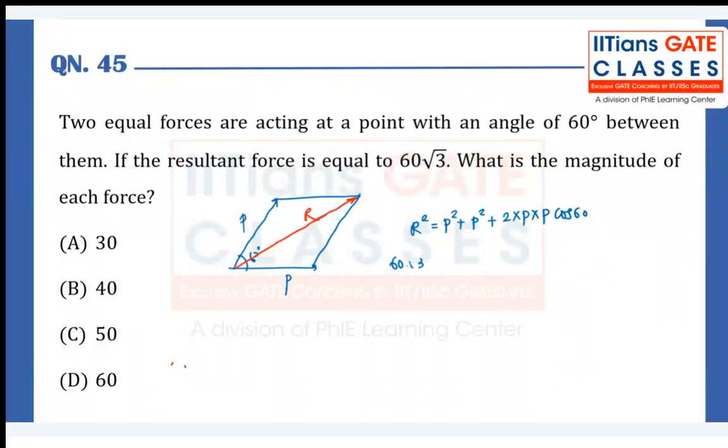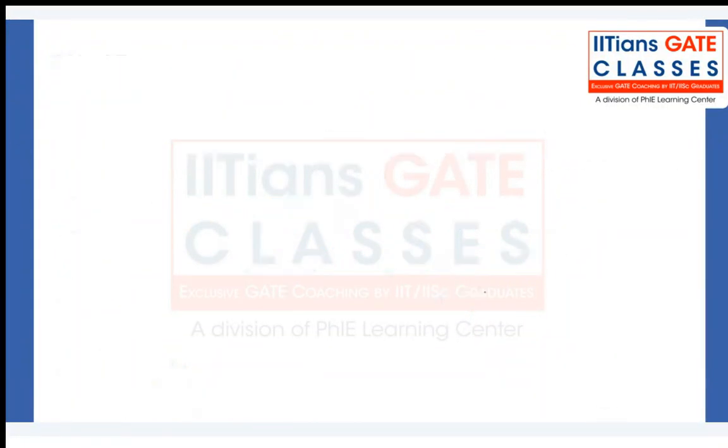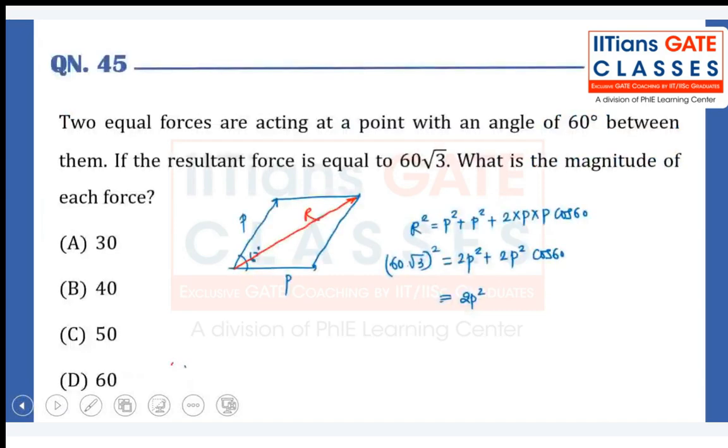So 60 root 3 square has to be equal to P square plus P square, which is 2P square, plus 2P square cos of 60. So we can take 2P square common. Cos 60 is 1 by 2. 1 plus 1 by 2 is 3 by 2.